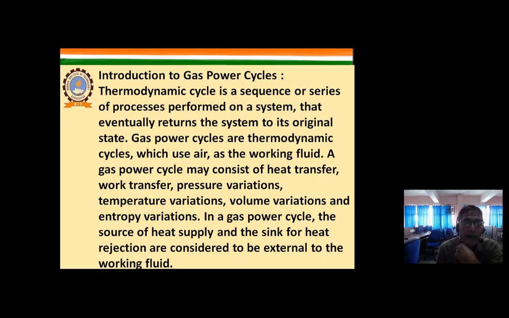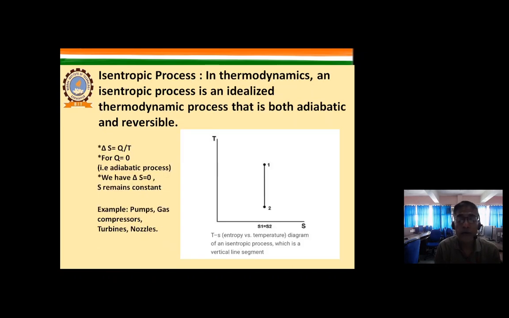A gas power cycle may consist of heat transfer, work transfer, pressure variations, temperature variations, volume variations, and entropy variations. In a gas power cycle, the source of heat supply and the sink for heat rejection are considered to be external to the working fluid.